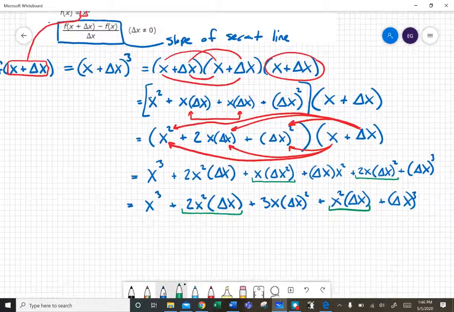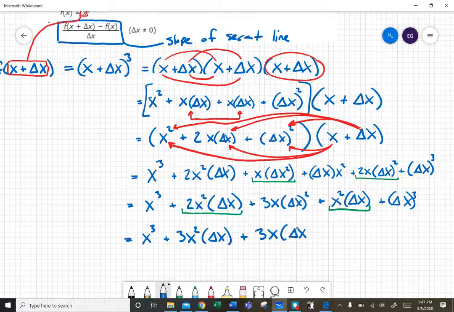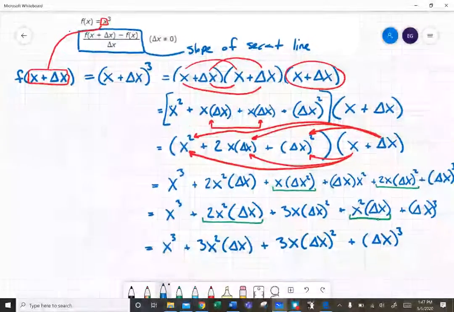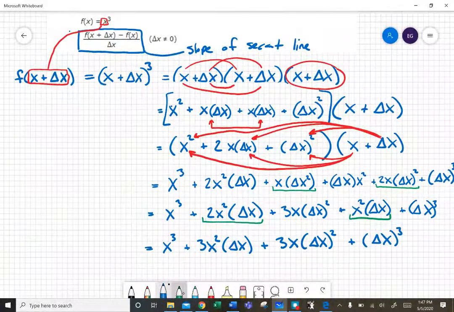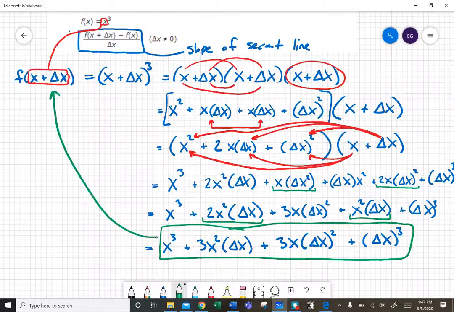So we have x cubed plus 3x squared delta x plus 3x times delta x squared plus delta x to the third power. This expression here is just the f of x plus delta x.